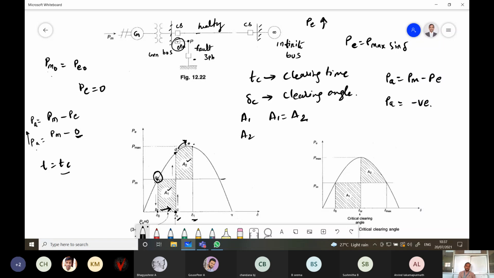Now, if the clearing of the fault gets delayed, what happens? If you clear the three-phase fault within the operating time, at the clearing angle delta C the system will become stable.